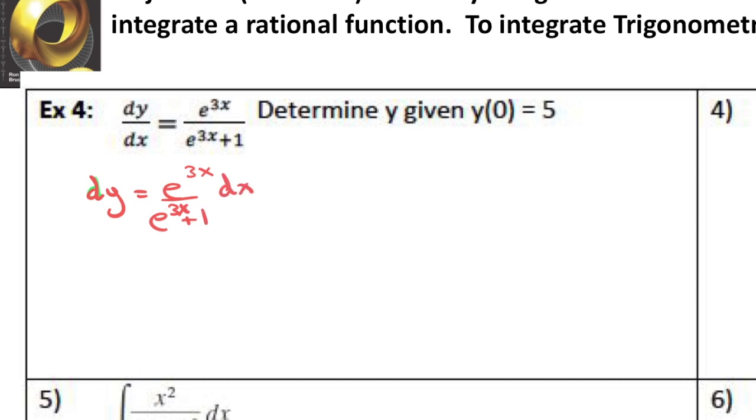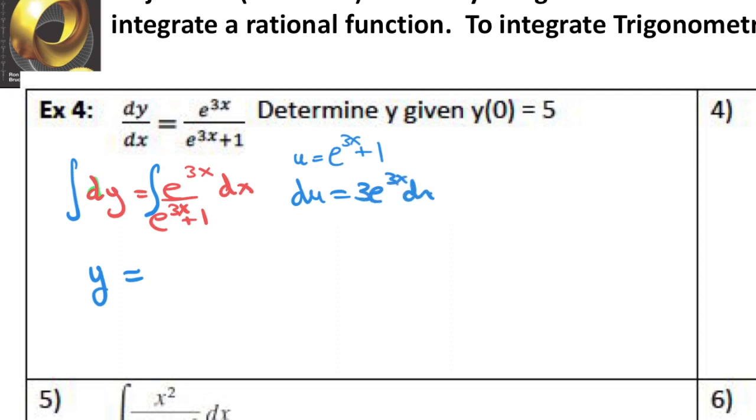And now using those separation of variables, we are permitted to integrate both sides, in which case we get y equals, now let's look. If I were to let u equal e to the 3x plus 1, du would be 3e to the 3x dx, in which case I can substitute and simplify my problem.